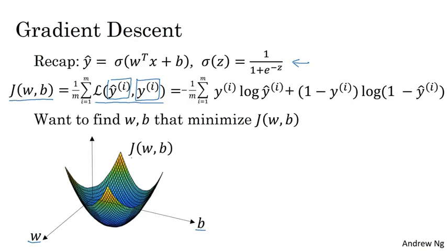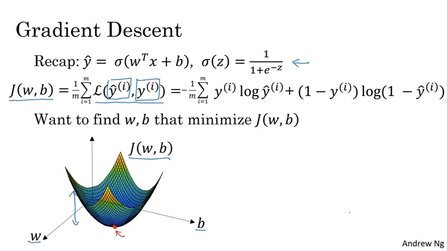The cost function J of W, B is then some surface above these horizontal axes W and B. So the height of this surface represents the value of J of W, B at a certain point. And what we want to do is really to find the value of W and B that corresponds to the minimum of the cost function J.